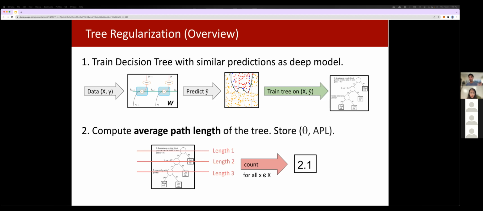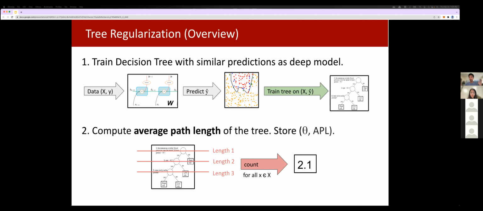So I just want to walk through it again pictorially. There are 4 steps total to tree regularization. The first one is that we start with some data set, X and Y. We have some complex model. This could be something like an LSTM or a large MLP. And it makes predictions, Y hat.